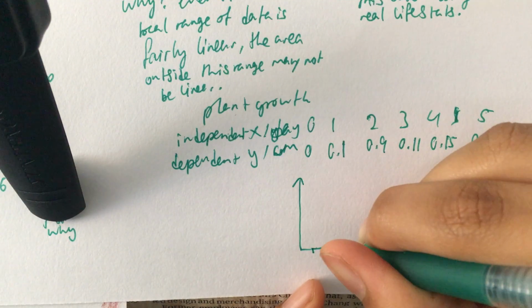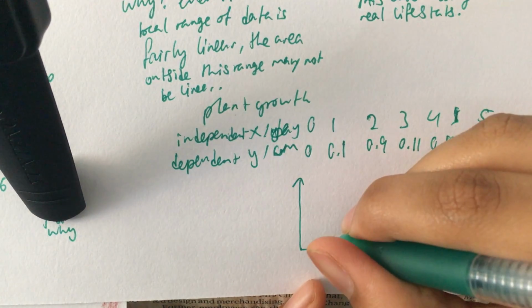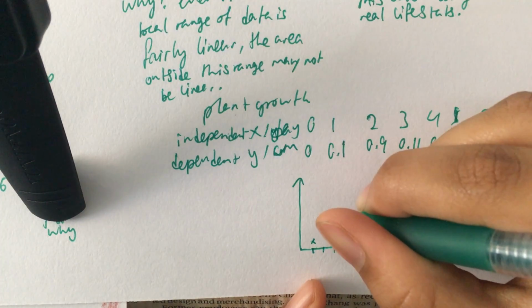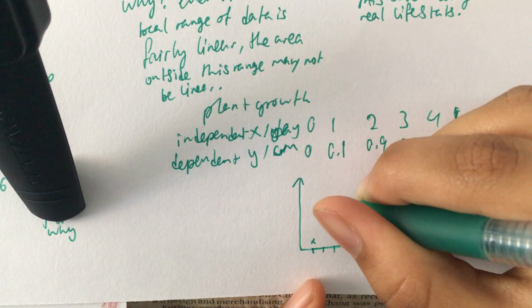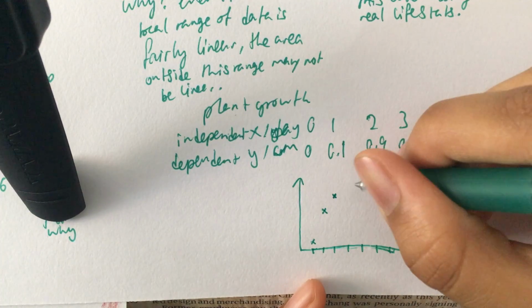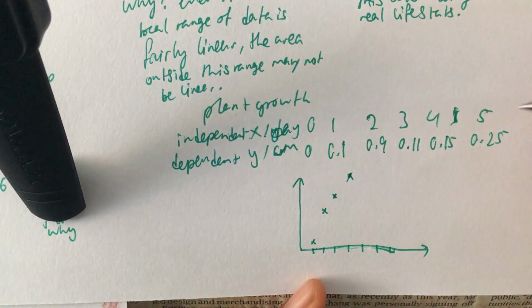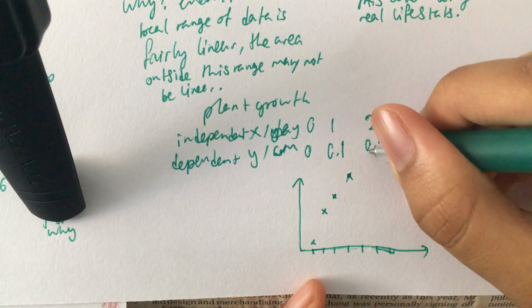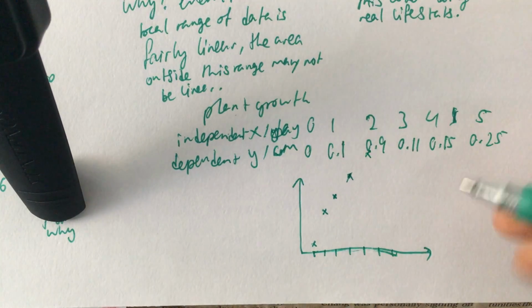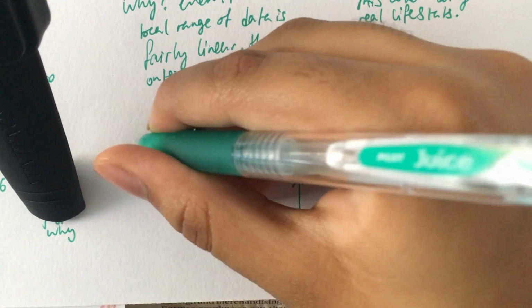Oh yeah, there's a common thing that people face sometimes. Sometimes they'll ask you to find the value of x given y. In that scenario, do you plot the graph while switching the x and y values, like you put the x values in your y column and the y values in the x column? Well, you don't really do that unless the data doesn't show a clear indication of which one is x and which one is y.